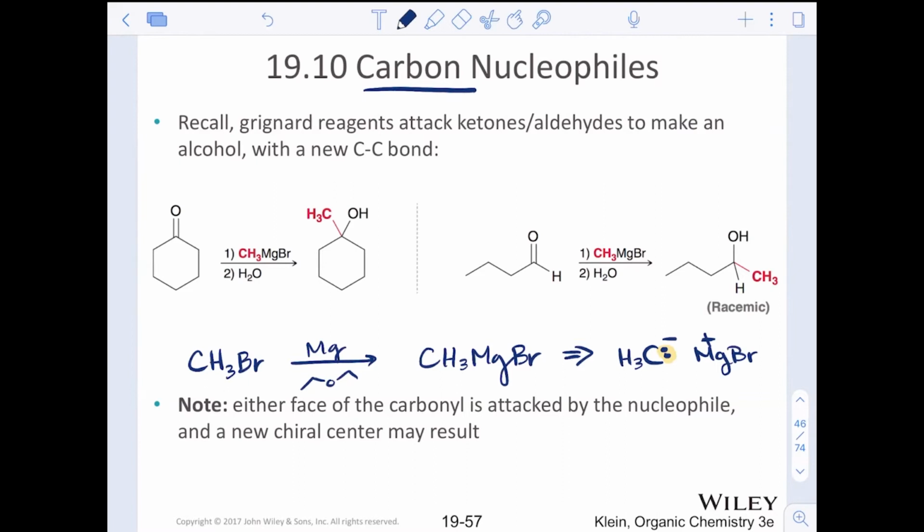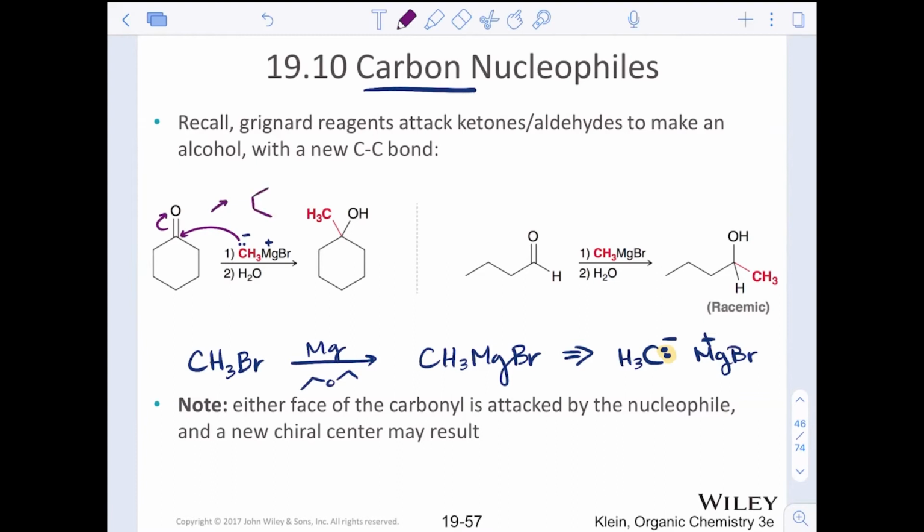So let's go ahead and see. I like to just take the Grignard reagent and show the ionic bond already so I can remember that a Grignard reagent is a carbon ionically bonded with a magnesium. And then it will, again, react to attack the carbon of the carbonyl.